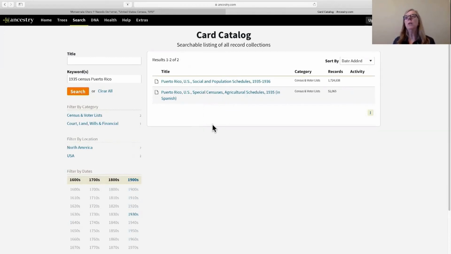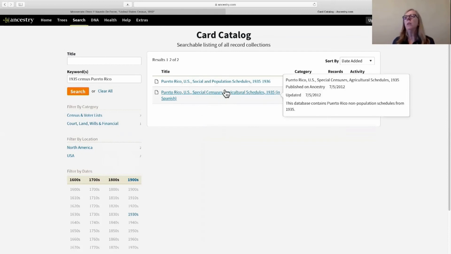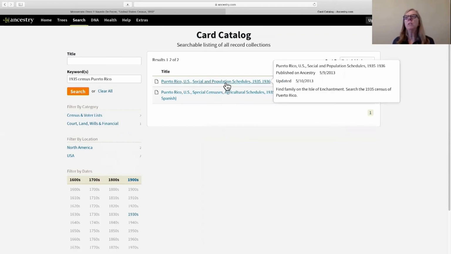The one you want is this first one that says U.S. Social and Population Schedules, because it's the one that's going to list the people and the families living in the households. The other one is an agricultural census, and that might help you if you're interested in looking at property and what kind of material goods perhaps your ancestor owned. But if you're looking for names, go to this population schedule.